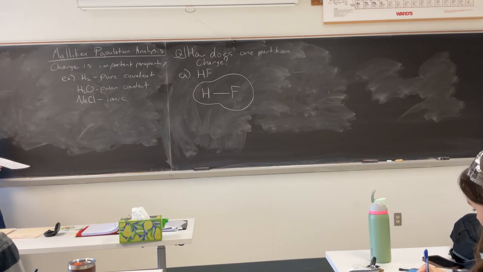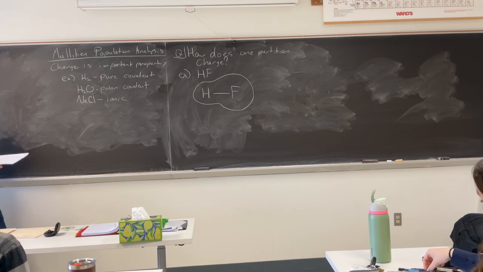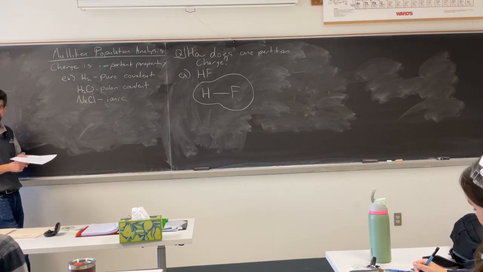Did I have you guys already come up once and try and draw where the electron density is of this thing? A long time ago, so we could try it.